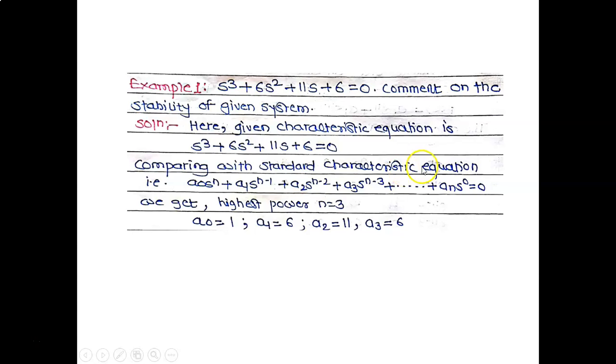Comparing with the standard characteristic equation, that is a0 s raised to n plus a1 s raised to n minus 1 plus a2 s raised to n minus 2 plus a3 s raised to n minus 3 plus dot dot plus an s raised to 0 is equal to 0, we get highest power n is equal to 3. Therefore, a0 is equal to 1, a1 is equal to 6, a2 is equal to 11 and a3 is equal to 6.